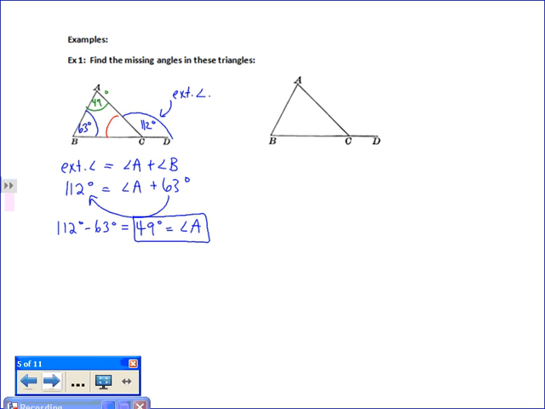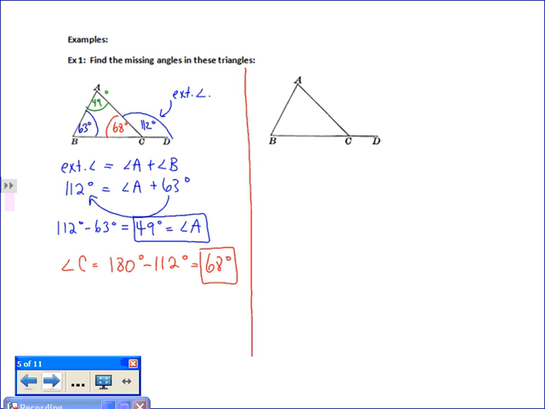So finding our final angle here, angle C is going to be equal to 180 degrees. We can subtract either 49 and 63 or just subtract 112 degrees and we get 68 degrees. So we could use either of those rules to solve for that angle. And there's my final answer. So 68 degrees goes right here.